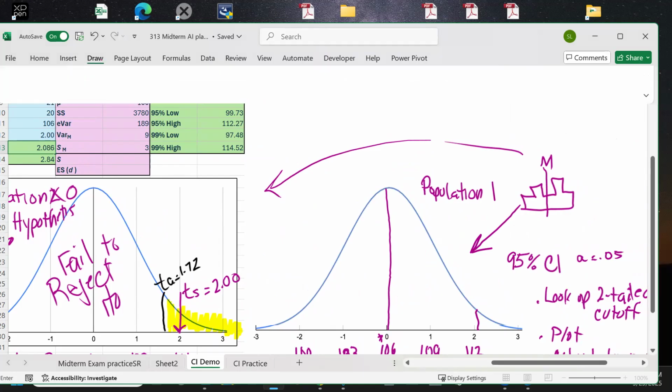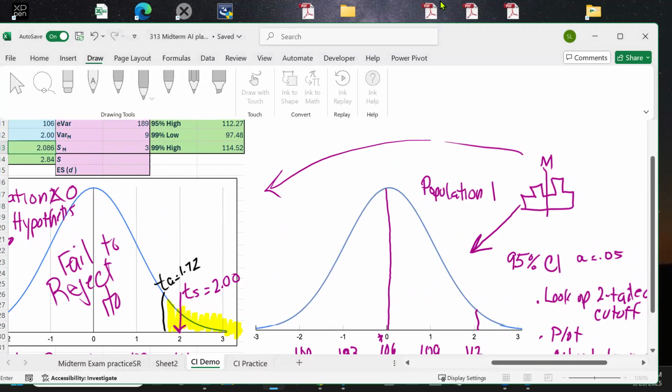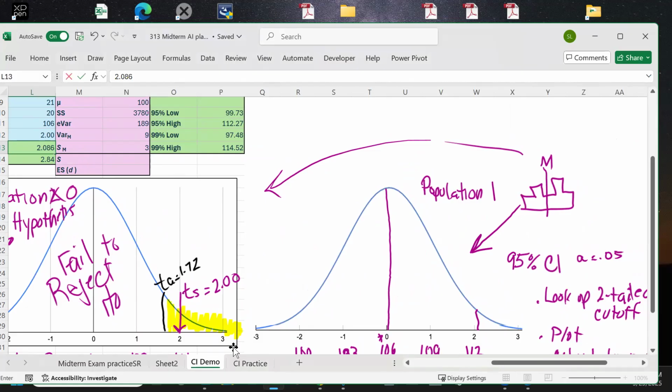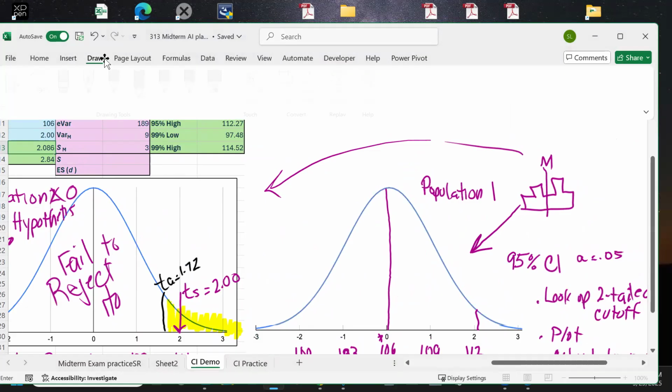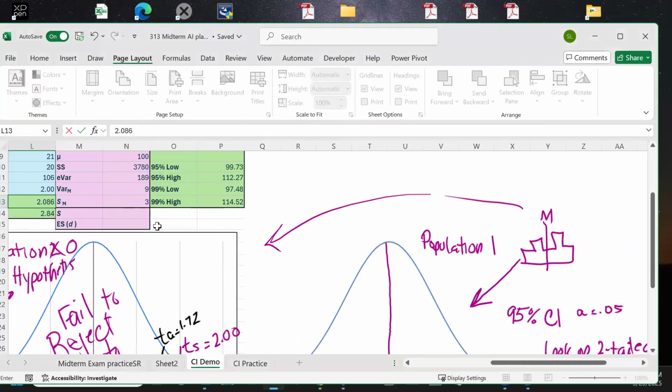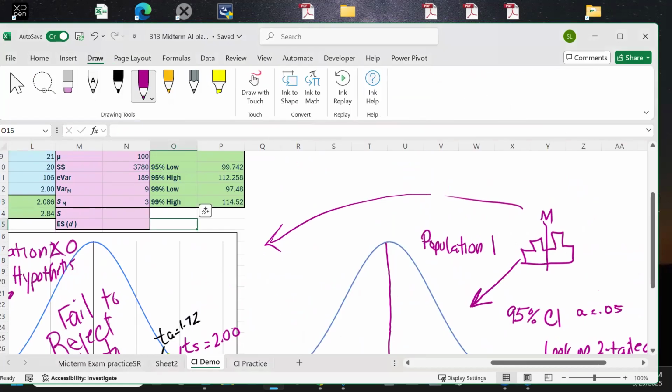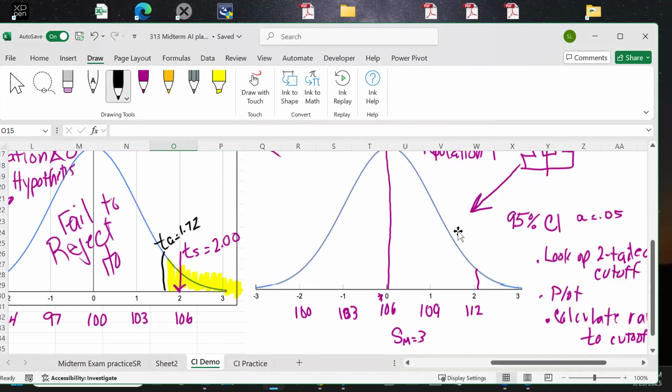I'm going to try to get my black out here. There we go. All right, so 2.086 and minus 2.086. So these are the T alpha equals 2.086.